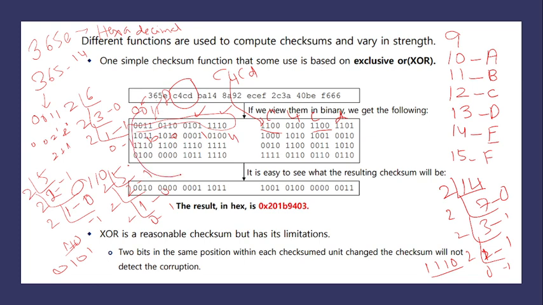So like this, four sets of components are given, and we are going to find the checksum. First, we converted the hexadecimal to binary, 16 bits for each group. And for the groups, we are going to create a checksum by using XOR.